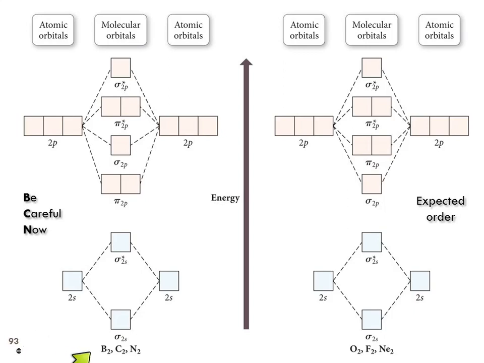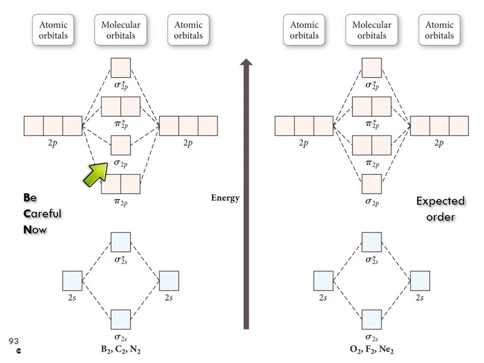So for boron, carbon, and nitrogen, when we combine the 2s orbitals, we're going to get the sigma 2s and the sigma star 2s. And when we combine the 2p orbitals, remember, we can get a sigma bond from the p orbitals, the ones that are in the x-axis and aligned end to end.